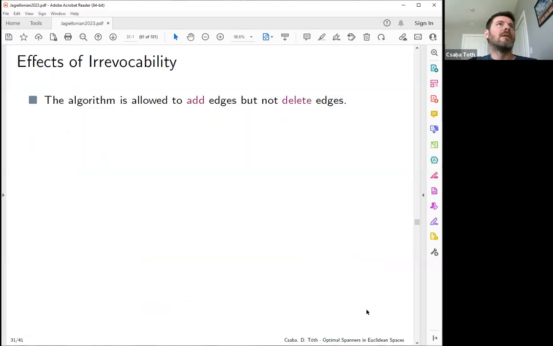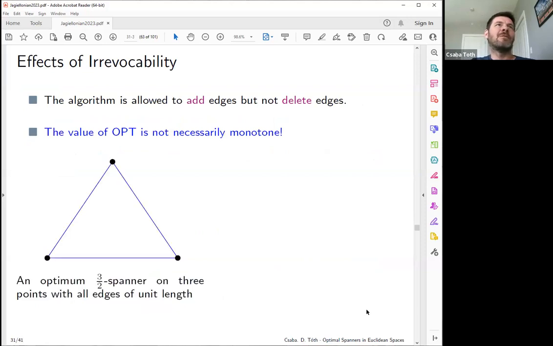One comment about this is that there is usually a difficulty for these online algorithms: for some problems, when you add new points, the optimum can only increase. That's not the case for the Steiner spanner, for this spanner problem.